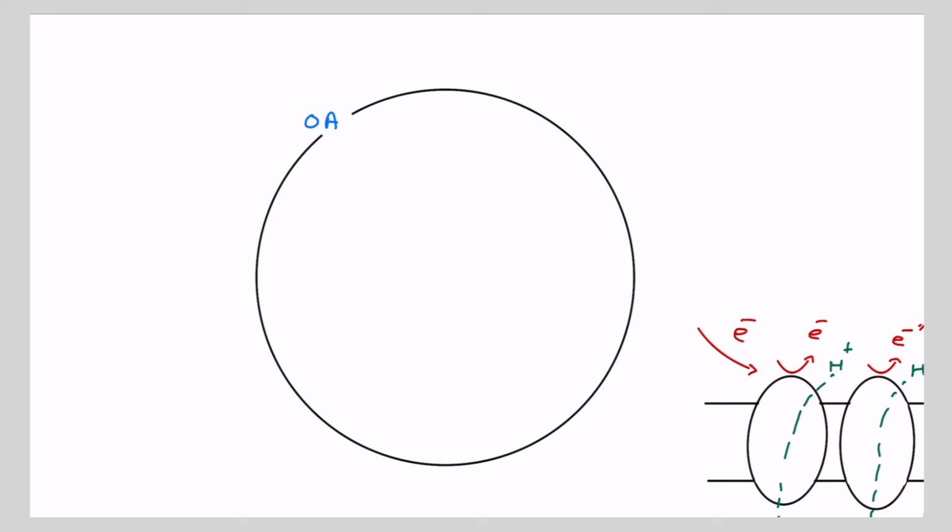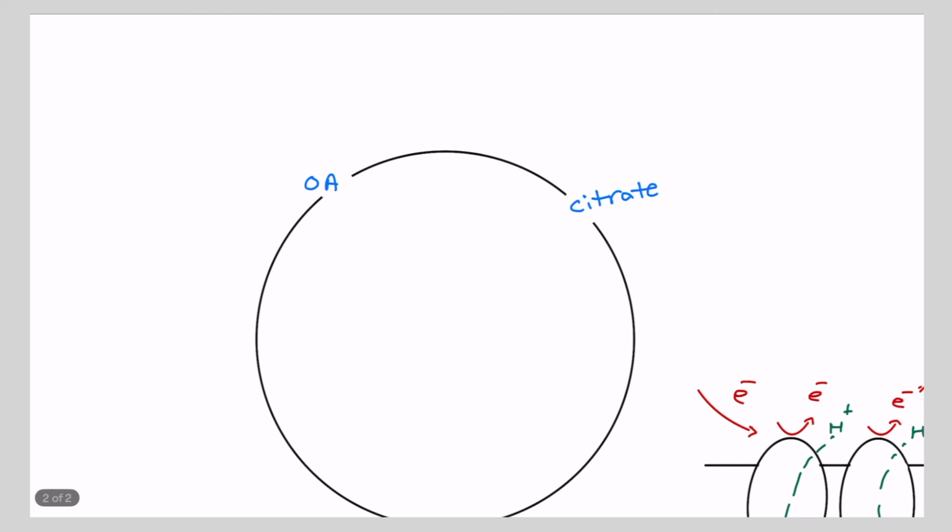This oxaloacetate is going to get converted into a molecule called citrate. For this to happen, oxaloacetate, which is a 4-carbon molecule, needs to take in a molecule called acetyl coenzyme A. Acetyl coenzyme A is going to come into this mix and make our citrate.